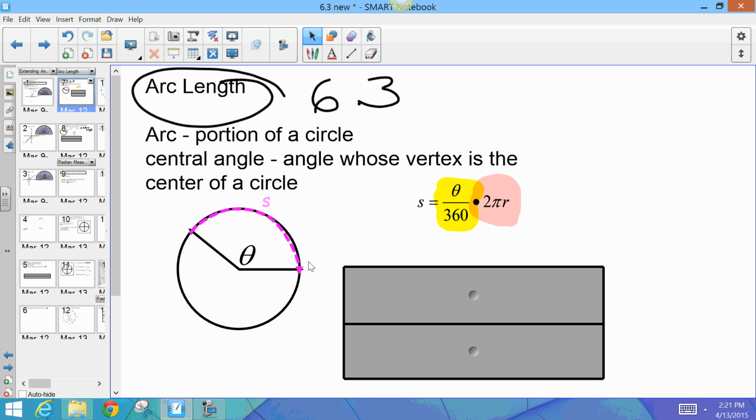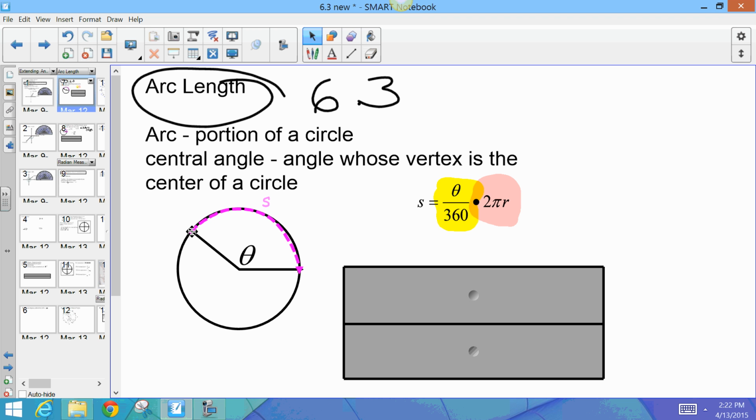This is an arc, and that corresponds to this central angle that's labeled as theta. So the ends of the initial and terminal ray mark the beginning and end of where that arc goes.